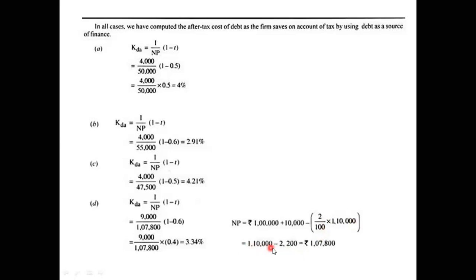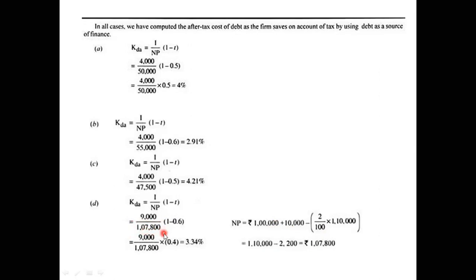So 1,10,000 minus 2,200, 1,07,800 will be the sales value. So when this debenture is issued, the company actually collects 1,07,800 and not 1,10,000. The net receivables of the company are 1,07,800.